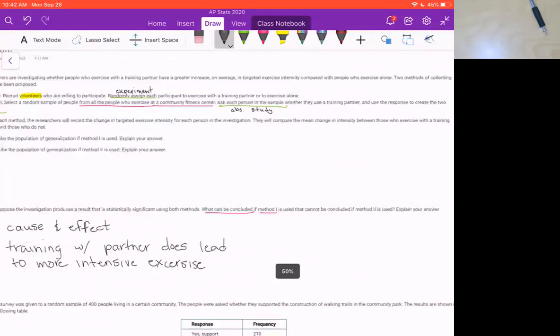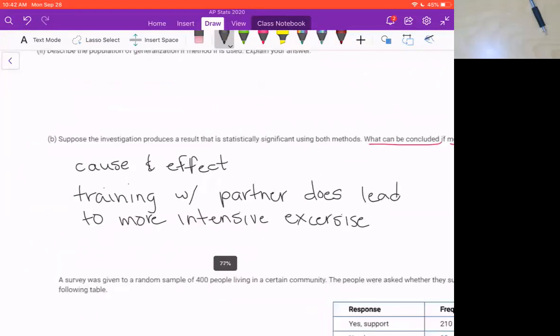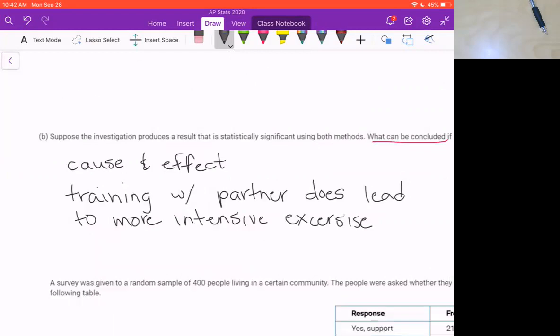Now, it does say to explain why. So to explain your answer, why can we say training with a partner in method 1 would lead to more intensive exercise? The reason we can do this is because the participants were randomly assigned.